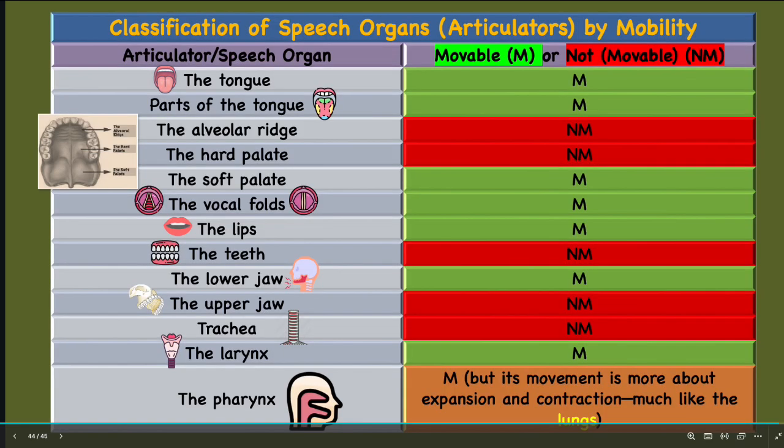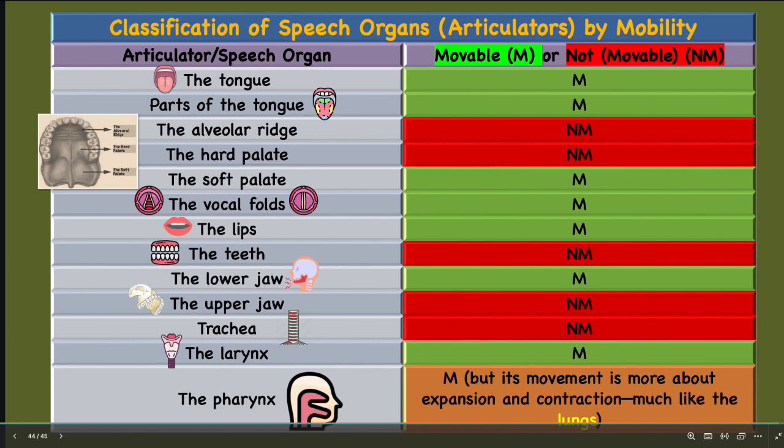Okay, now let's move on to the very last slide for this presentation. This is a very important one, in fact. This is the classification of speech organs, the articulators, by mobility. So let's discuss the classification of speech organs or articulators based on their mobility.